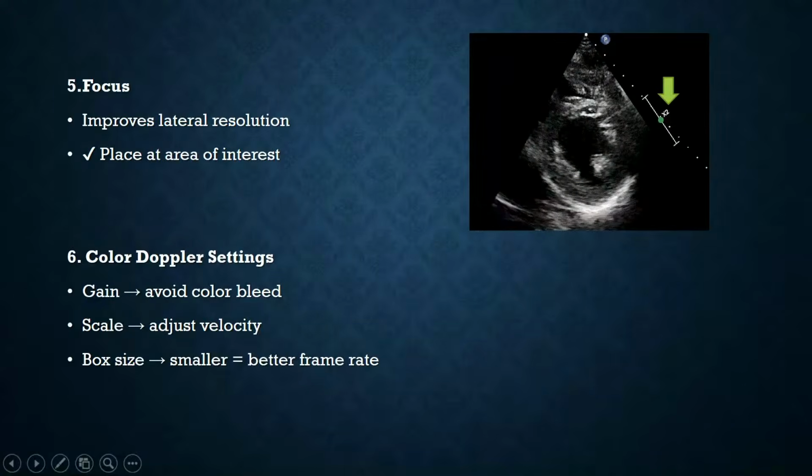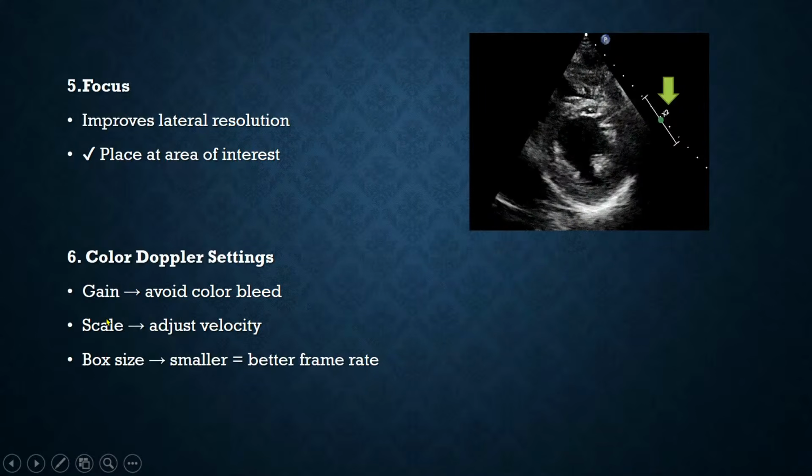The focus should always be placed at the region of interest, the area we want to look through. That may be the LV for LV function, or the mitral valve if we want to focus on the prolapse or any stenosis, any mitral valve pathology.